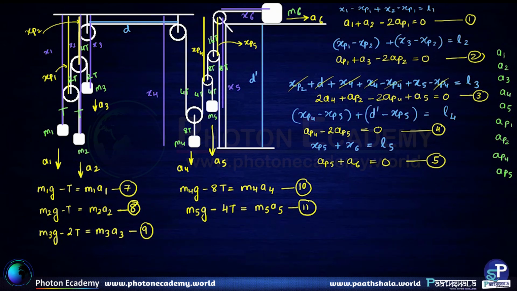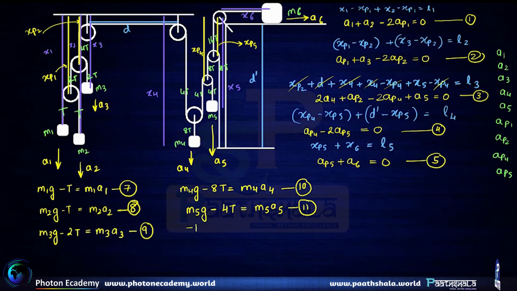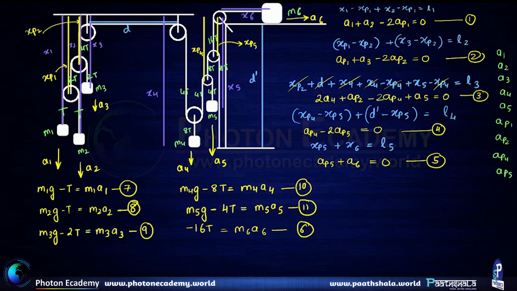So this is the equation for the mass M5: M5G minus 4T is equal to M5A5, and for the mass M6 we'll have to write down a counterintuitive equation: minus 16T, that is the force in the direction of A6, is equal to M6A6. So let's say this is equation number 6. So these are the 5 equations: 1, 2, 3, 4, 5, and then 6, 7, 8, 9, 10, 11. So 11 equations have been mentioned over here.